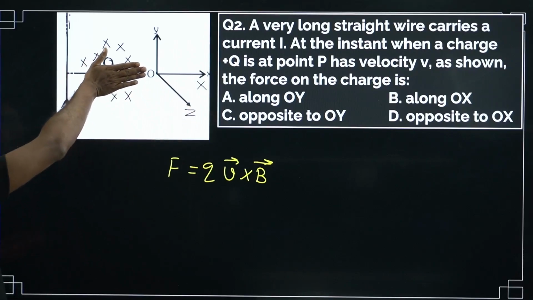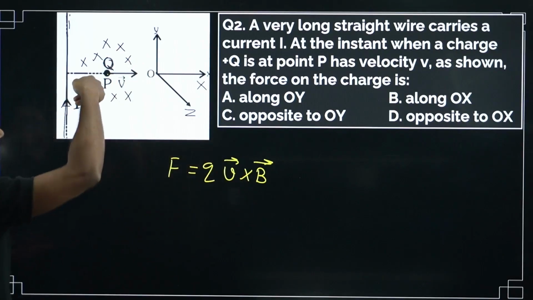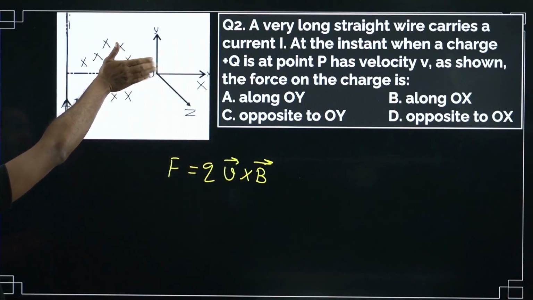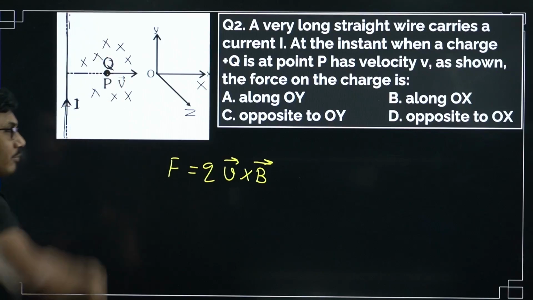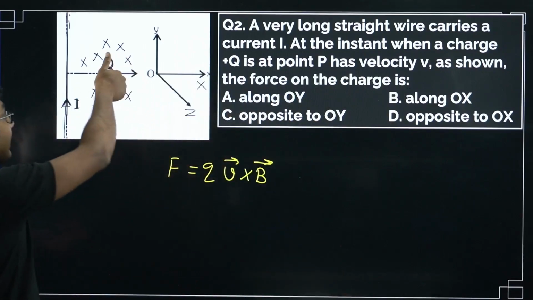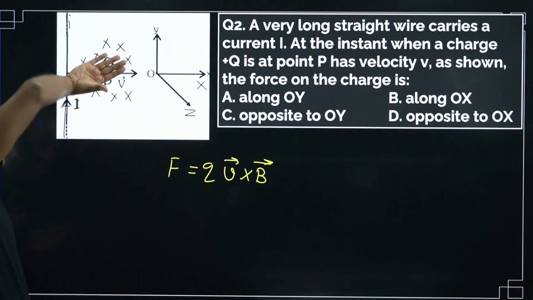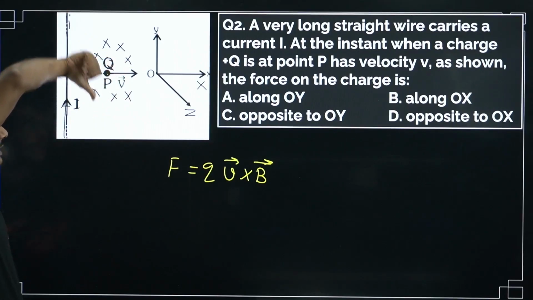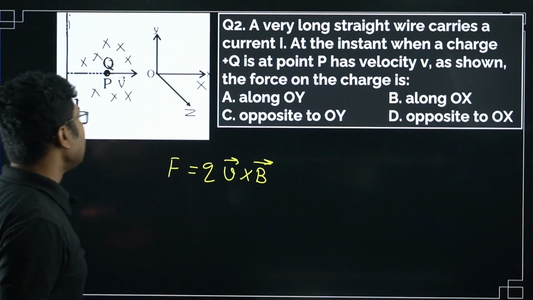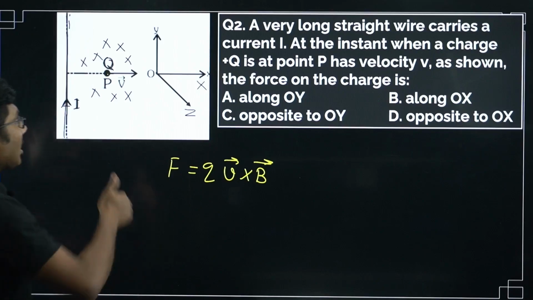First we will point towards V because it is V cross B. So first we point our fingers in the direction of V, and then we curl our fingers towards the second vector, that is B. B is into the paper, so we curl our fingers towards the paper, and we see that our thumb points towards the direction of the magnetic force on the charge, right? Now if that current was in the opposite direction, then it would be like this, so the force would be in the opposite direction, right? Clear? So the charge is positive, so the force on the charge will be in the upward direction.